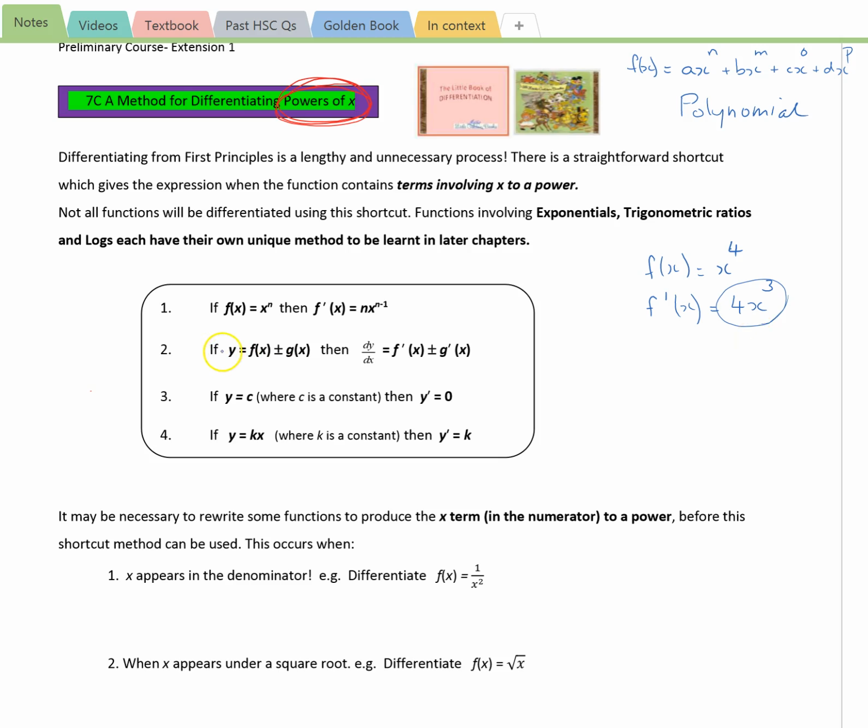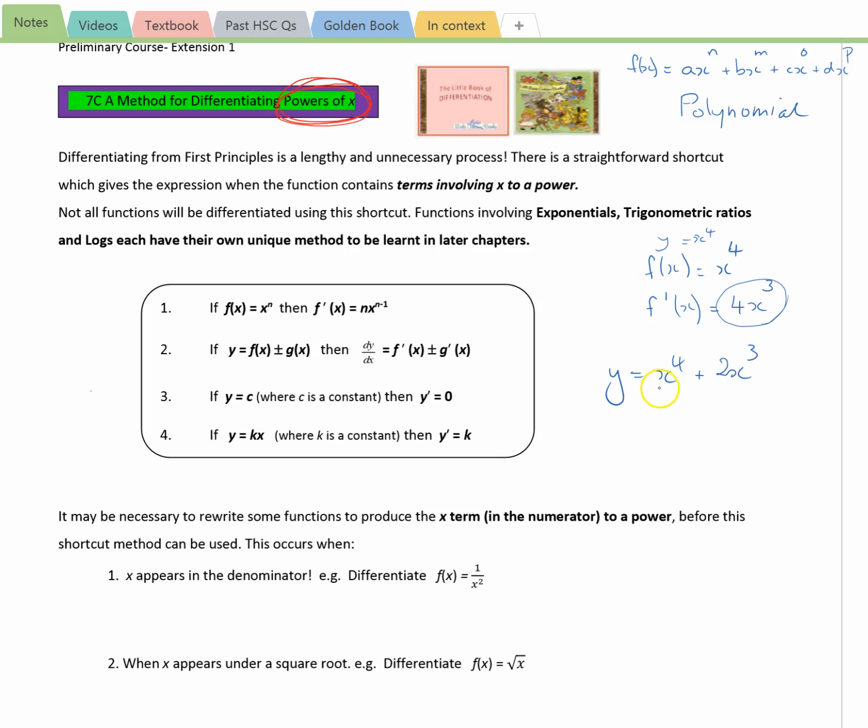It then goes on to say that if y was a function in x plus or minus a g of x, let me explain what that means. If y is equal to x to the 4th plus 2x cubed, so I'm adding some functions.